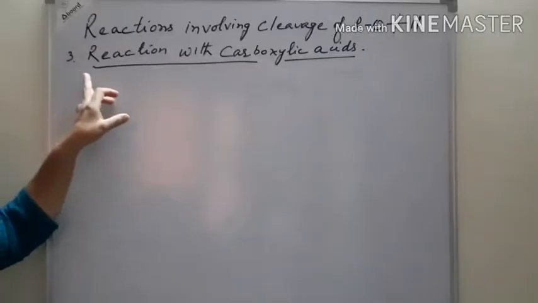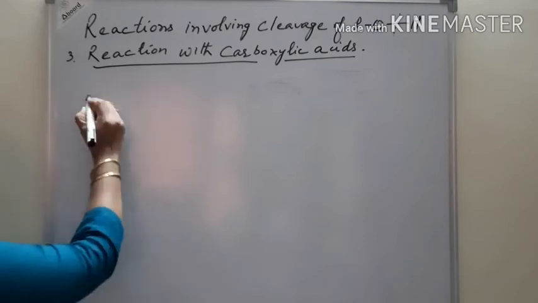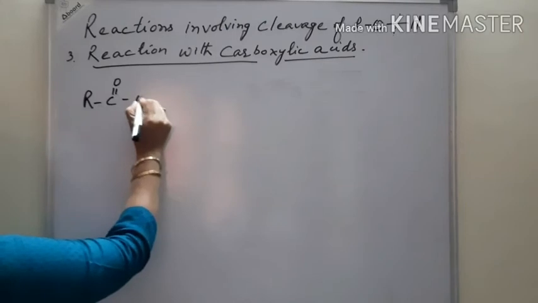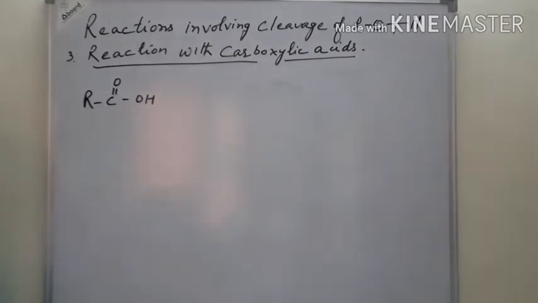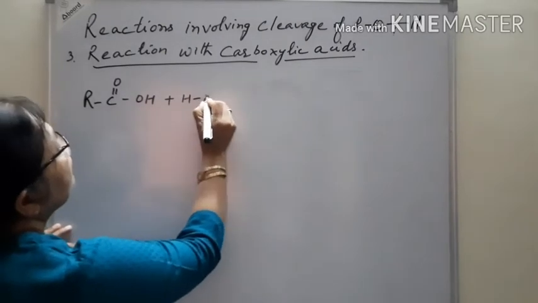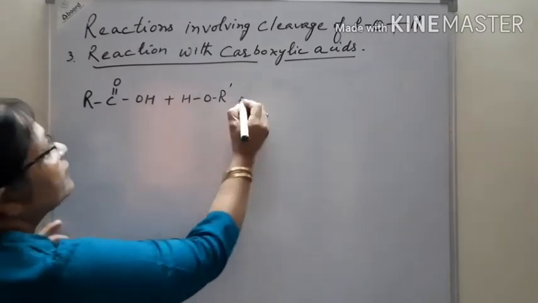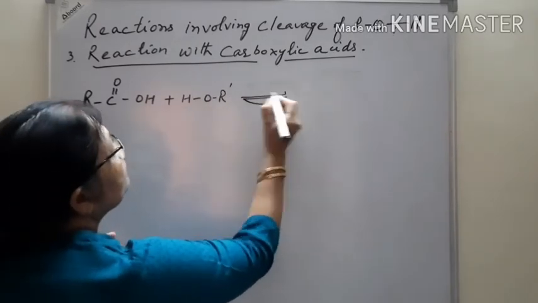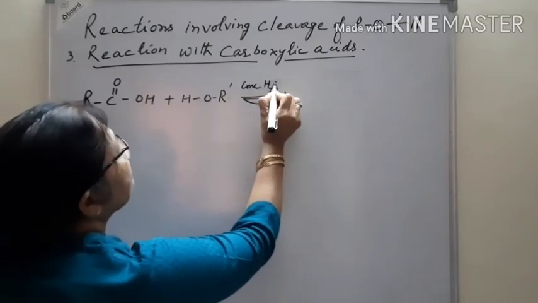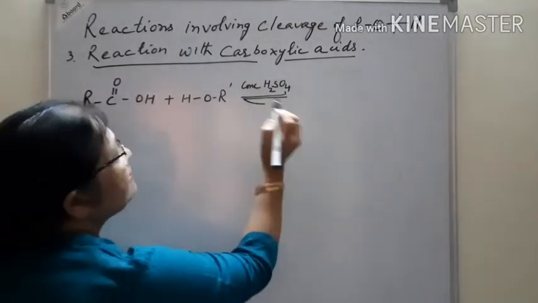Okay. Third is the reaction with the carboxylic acids. This is the structure for the carboxylic acids. Alcohols react with the carboxylic acids, right, in presence of a mineral acid, concentrated sulfuric acid, or in the presence of HCl gas.